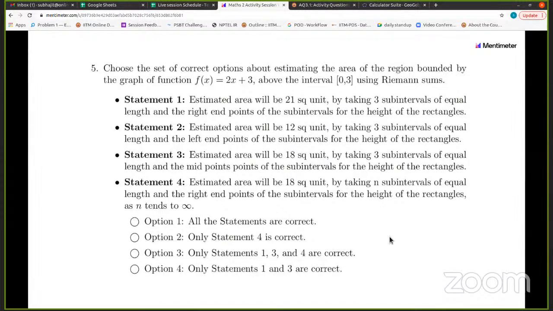Okay. So when he was taking a lot of trapeziums, that's what my point is.